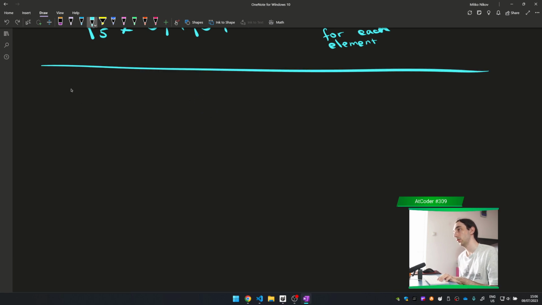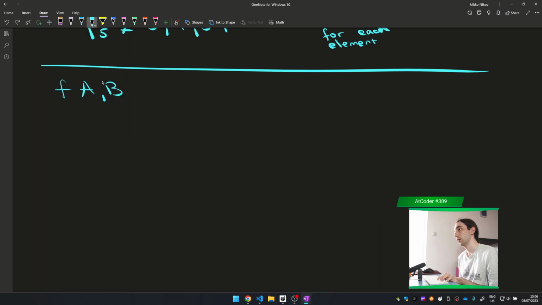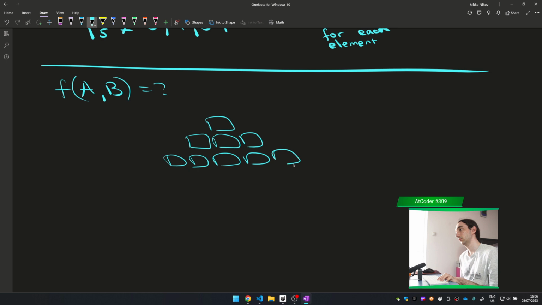Okay, so for a pair A and B, what is the answer? So for some function of A and B, what is the answer? The answer would be this polynomial.